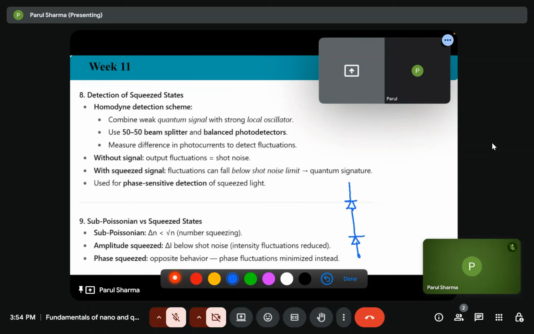This is photodetector 1. This is photodetector 2. Here is the load resistance. Here is a capacitor.